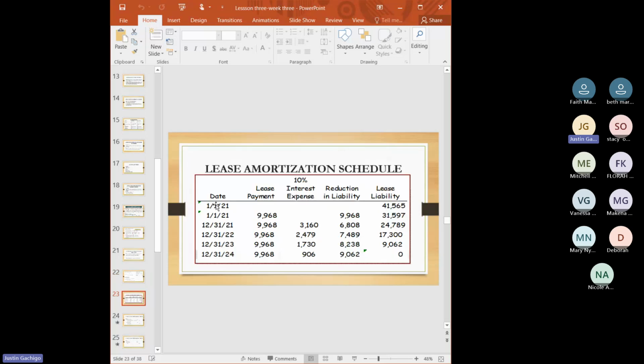So this is the amortization schedule. On 1st of January 2021, this is the lease liability, 41,565. Then these are the lease payments. The lease payments are for 5 years, 1, 2, 3, 4, 5. Then we will have interest expense, which you get by multiplying the lease liability times 10%.